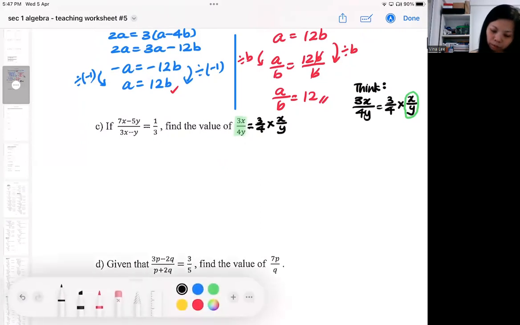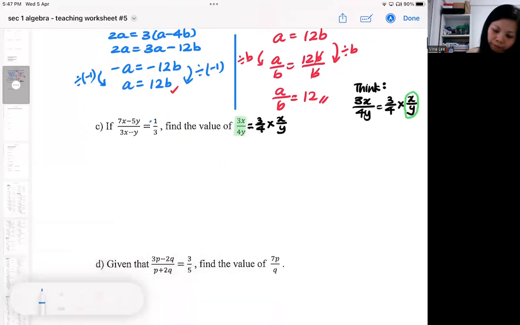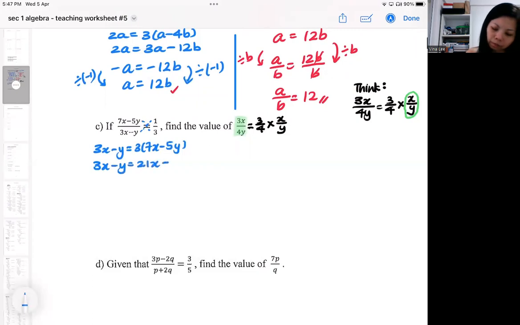So I'm going to cross multiply again. I'm going to assume you've got no issue with the cross multiply and no issue with bringing all the x over.